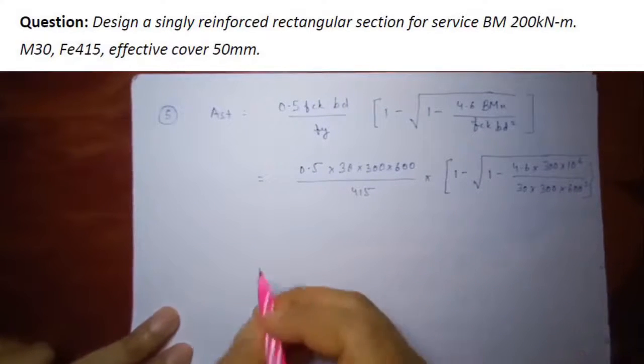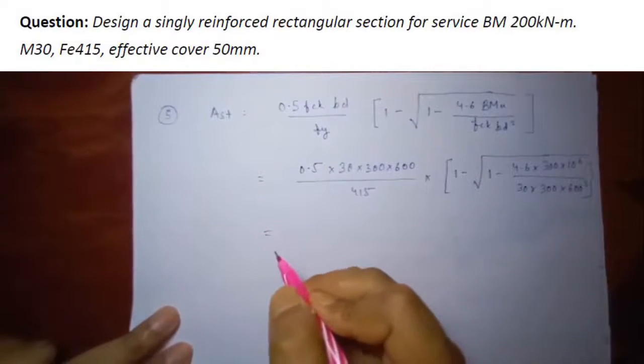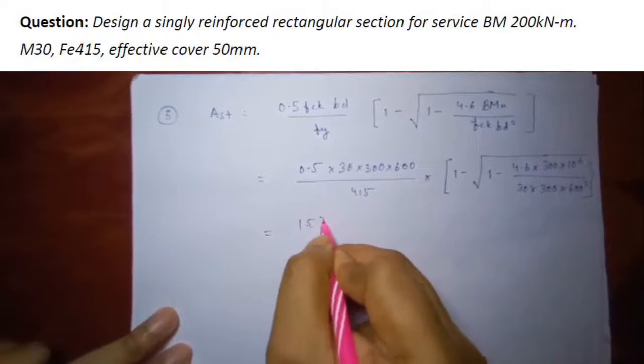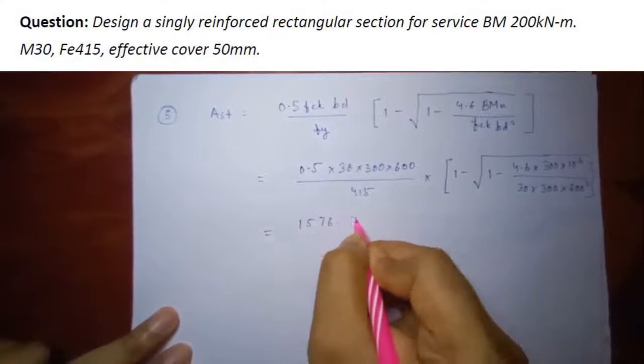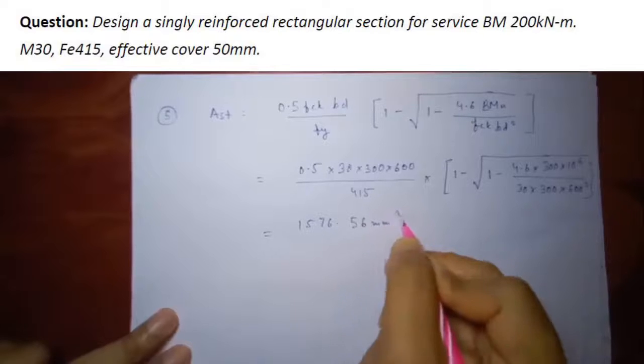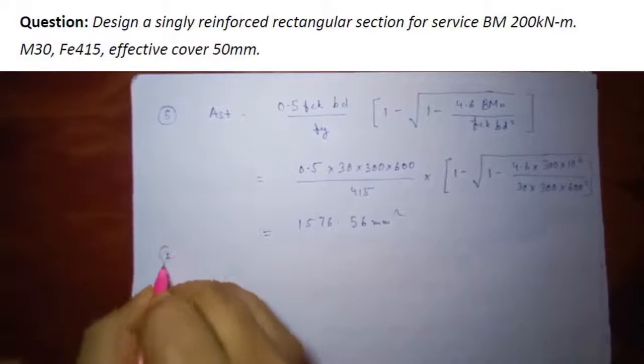So AST will be coming out to be 1576.56 mm square. This is our AST.